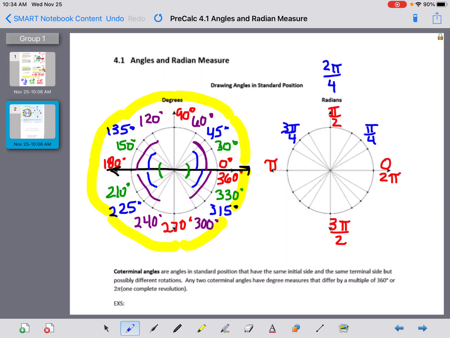Okay, 4 pi over 4 simplifies to pi. My next middle one is 5 pi over 4. Notice I'm just adding a pi over 4 every time. 6 pi over 4 gets me over here to my 3 pi over 2 because they simplify to the same number. I add another pi over 4, I'm up to 7 pi over 4.